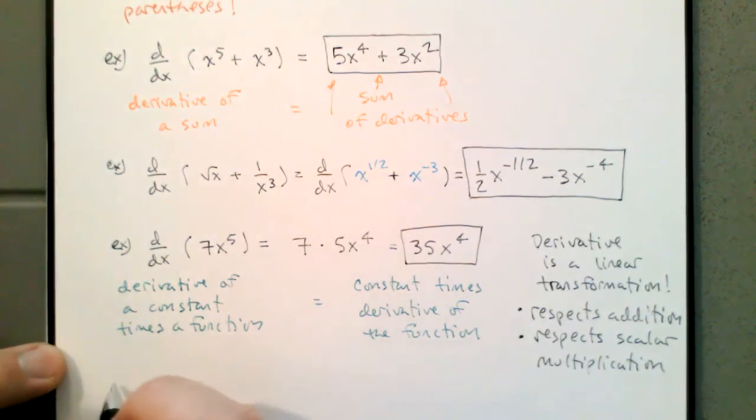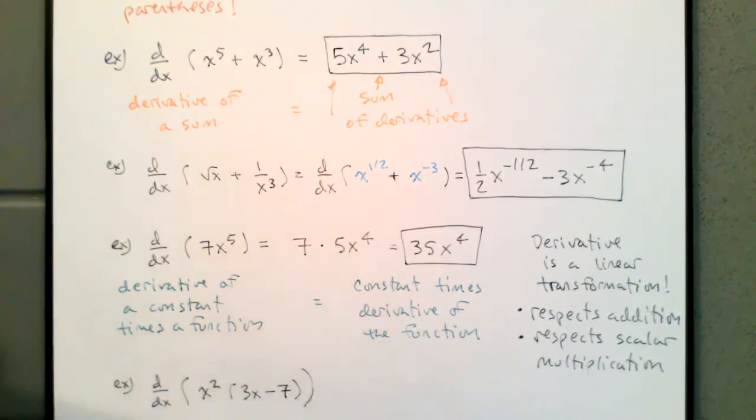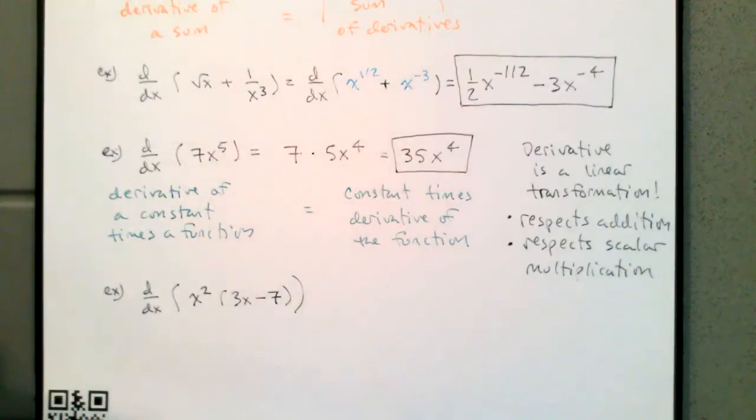If we want to find the derivative of a product, let's suppose we wanted to find the derivative of x squared times 3x minus 7. In this case, the derivative of a product is not the product of the derivatives.